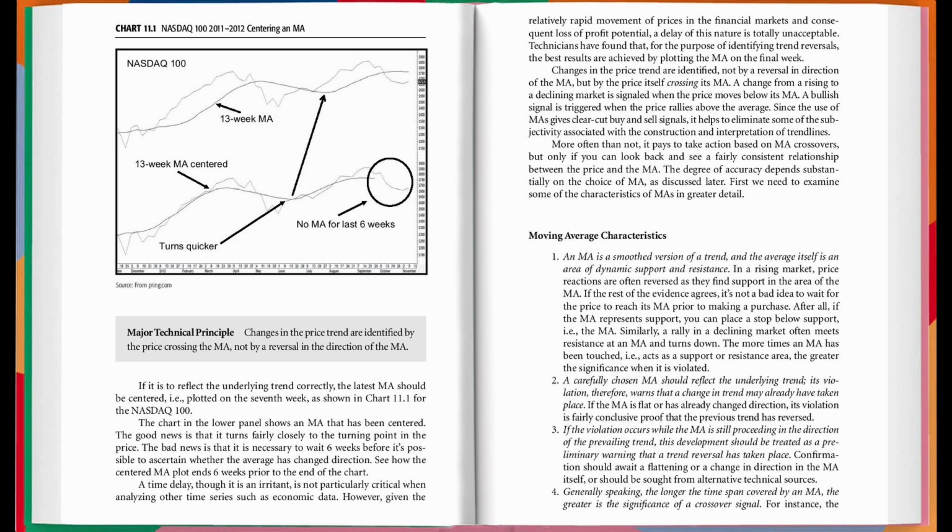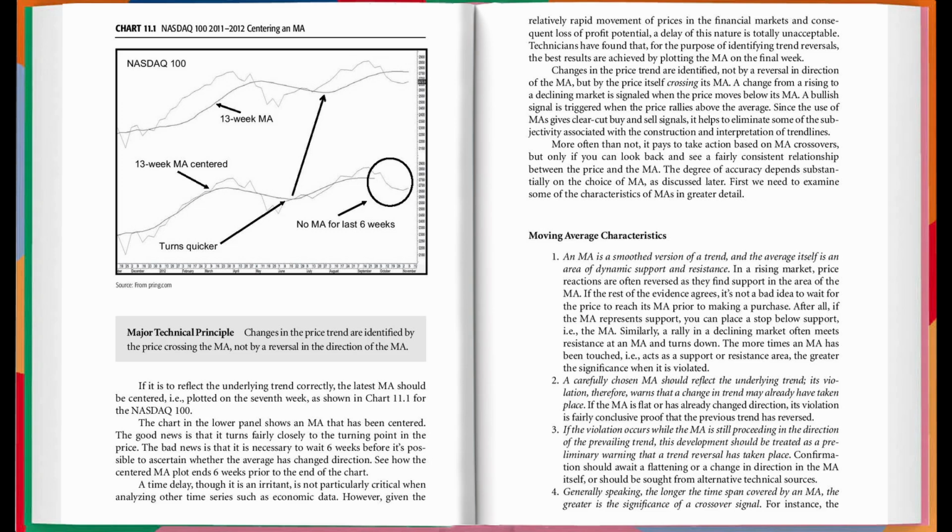If the MA is flat or has already changed direction, its violation is fairly conclusive proof that the previous trend has reversed. 3. If the violation occurs while the MA is still proceeding in the direction of the prevailing trend, this development should be treated as a preliminary warning that a trend reversal has taken place.